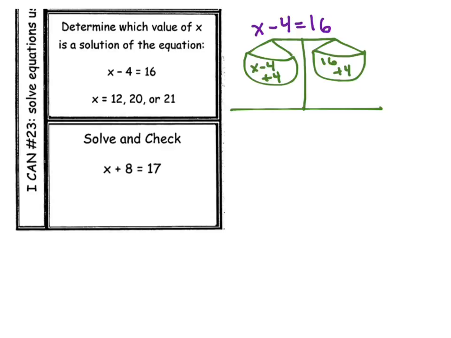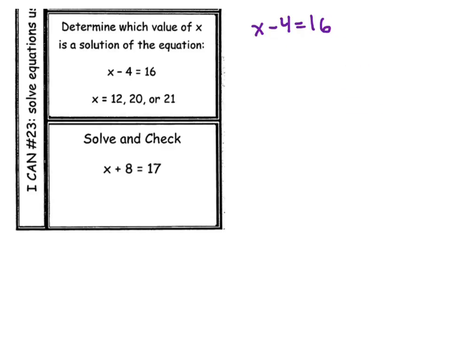So let's see what that's going to look like. Again, the inverse operation of subtracting 4 is adding 4. So I'm going to add 4 over here, but to keep my equation balanced, I have to add 4 to the right side as well. I'm going to draw my line because now basically I've created a math problem, this expression and that operation.